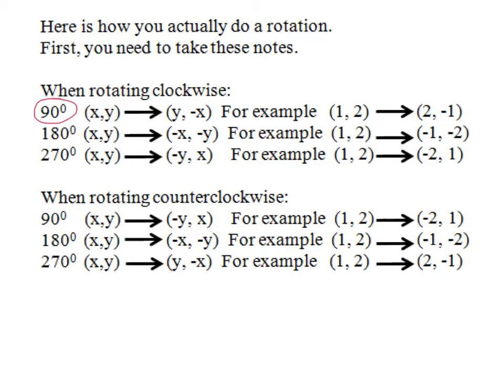If you look, you will see that 90 degrees clockwise is the same as 270 degrees counterclockwise. We've already discussed how 180 degrees clockwise is the same as 180 degrees counterclockwise. And finally, we see that 270 degrees clockwise is the same as 90 degrees counterclockwise.